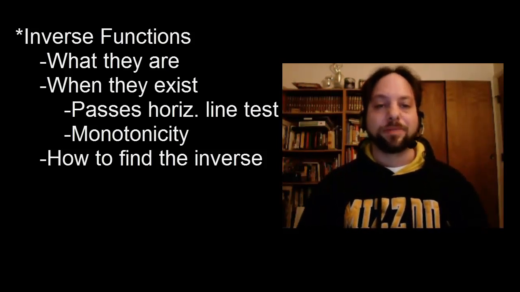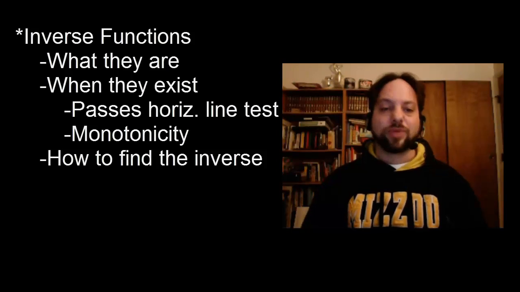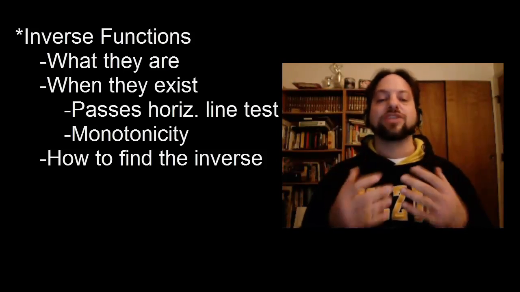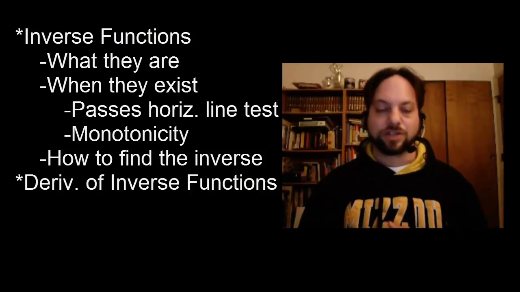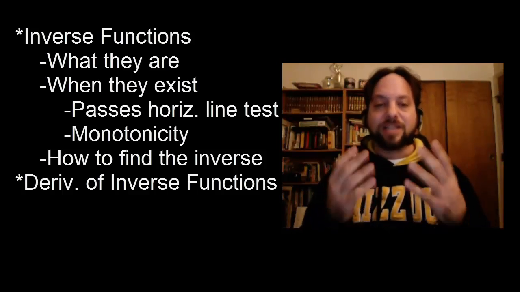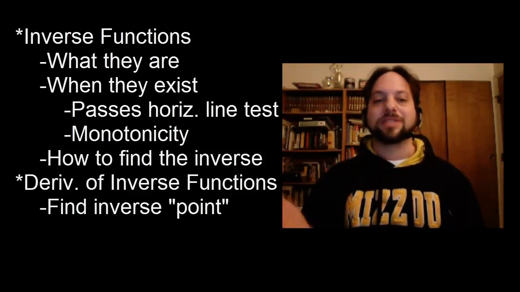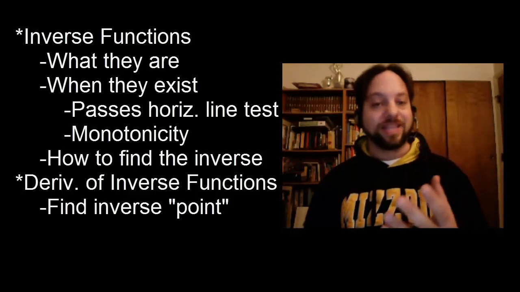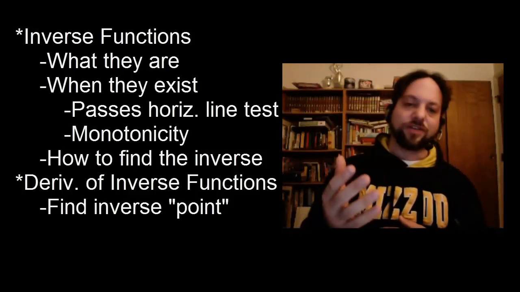Now, it got a little more complicated as we went on. Starting with example D, we wanted to actually find the derivative of the inverse function at a certain point. So the first step to that process was to actually find the inverse point. A lot of times they'll give us the y, well, we need to find the x. Or they'll give us the x, we need to find the y.